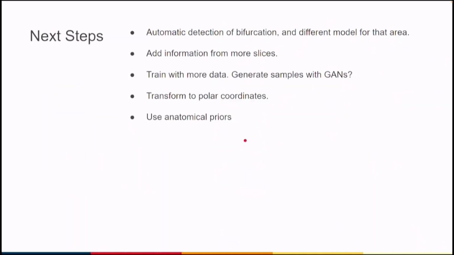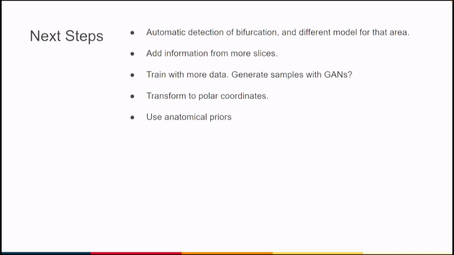For the next steps, I would like to try an automatic detection of the bifurcation and train a different model to perform that task. Also add information from more slices, not just the previous and next ones, and train with more data, maybe even generate some samples with GANs.